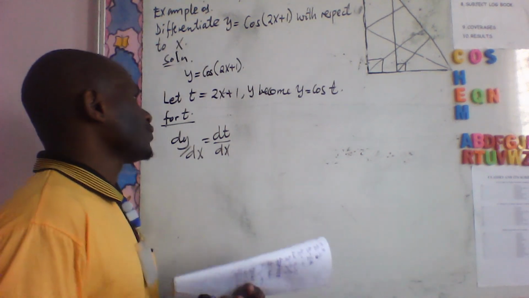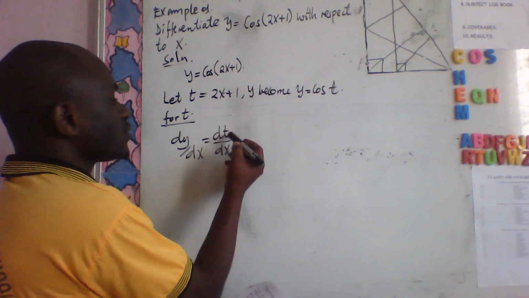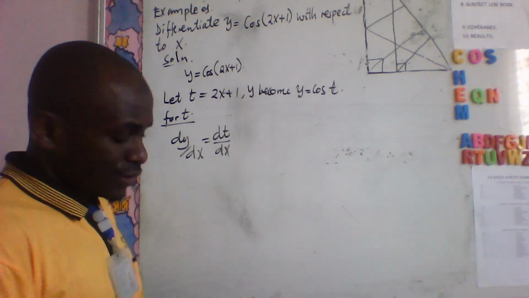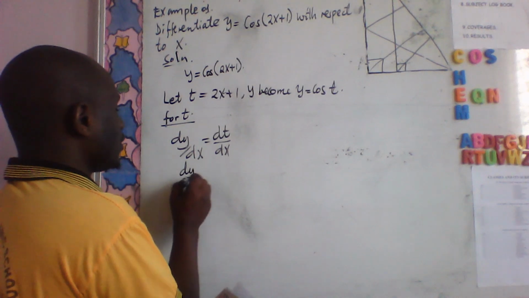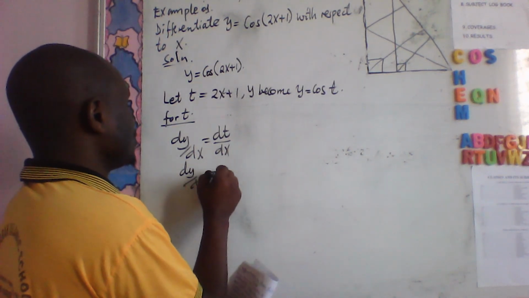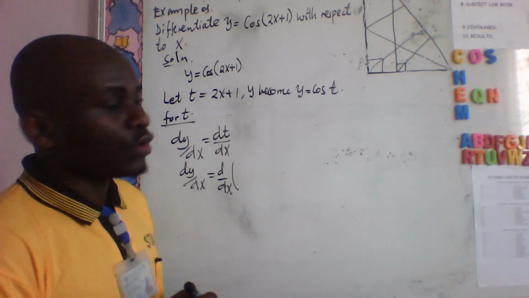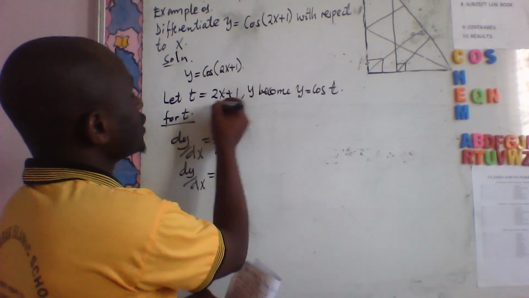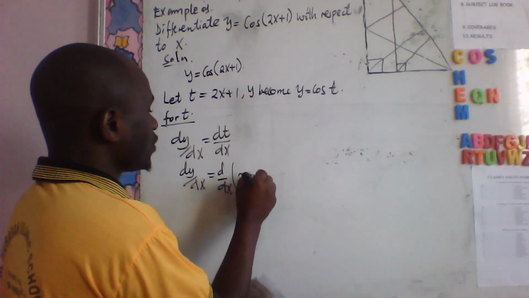Here we are required to substitute the value of t in that equation. So dy over dx is equal to d over dx of open bracket, where we trace the value of t, which is equal to 2x plus 1.